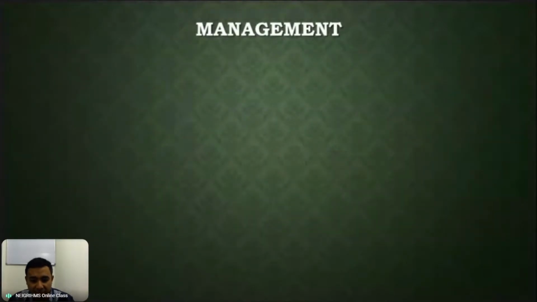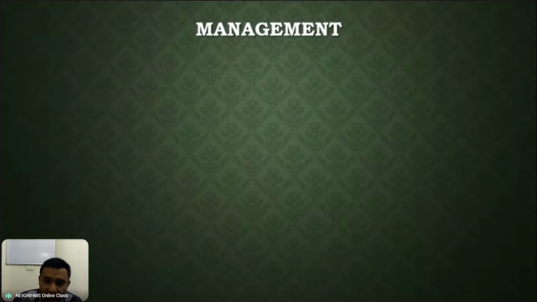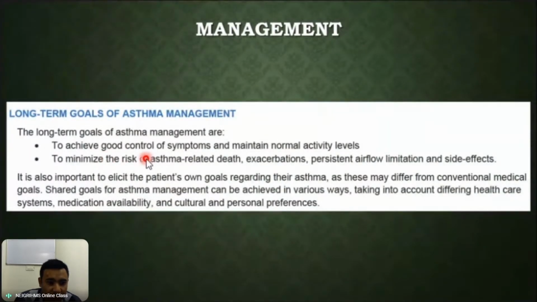Okay, coming to management. Now, when it comes to management, the whole idea of why we want to manage these patients is, number one, we need to achieve good control of the symptoms. We have to help the patient achieve good control of symptoms so as to help them maintain normal activity levels. And by doing so, we minimize the risk of asthma-related death, exacerbations, persistent airflow limitation, and side effects.